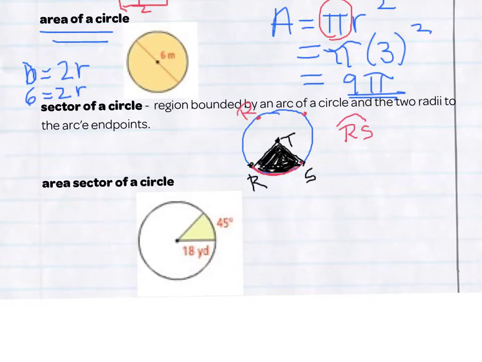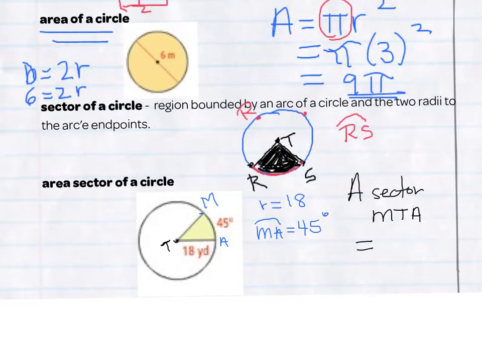So imagine you have this ginormous pizza, and the radius of the pizza is 18 yards. Pretty ginormous pizza, right? And the arc measure is 45 degrees. I've written down just those 2 things: the radius, and the measure of arc MA is 45 degrees. Maybe you want to find the area of sector MTA.